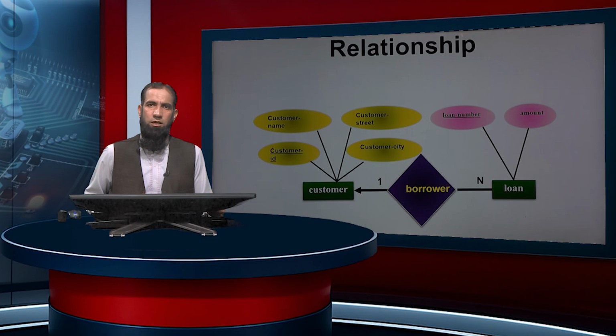This means each customer can be linked to at most one borrower, and each loan can be linked to at most one customer. In the ER diagram, this is shown by drawing arrows on both lines, connecting the relationship set borrower to the customer entity set and to the loan entity set.